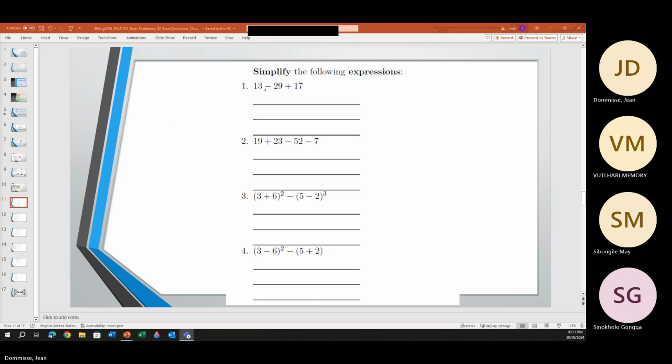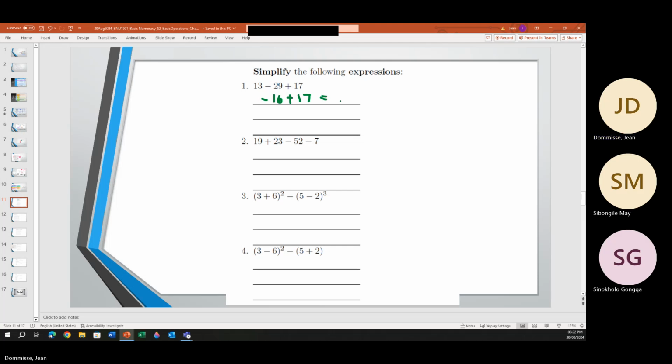Okay, so look at this one. Let's simplify. We don't have brackets, we don't have orders, no multiplication, no division in the first one. So basically we can say 13 minus 29 gives me minus 16, minus 16 plus 17 will give me 1.